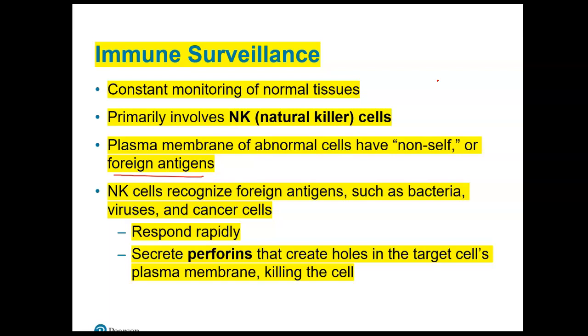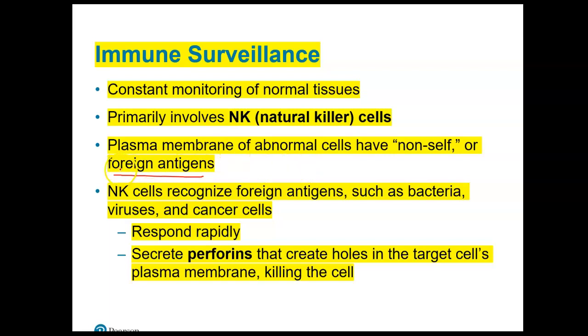Well, all cells have particular antigens, which are just chemicals on the surface of the cell that your immune system can recognize. So foreign antigens are what our immune system is supposed to recognize, and not self. Our immune system is designed to leave self antigens alone.